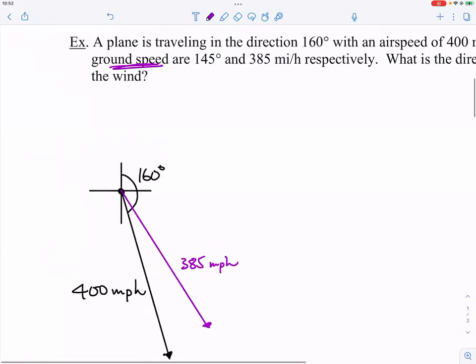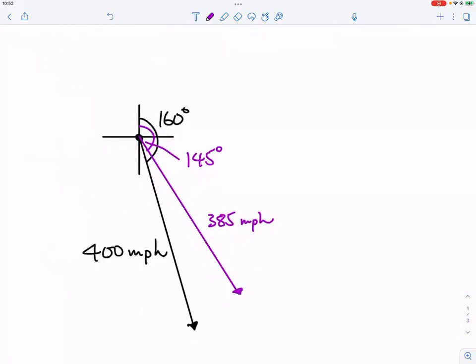And this is 145 degrees. Now, just out of curiosity, what's the angle here? 15, right? Is it useful? I don't know. Maybe. Who knows?